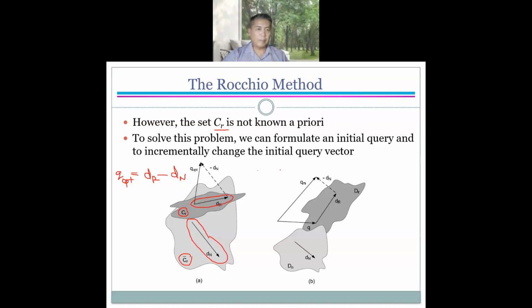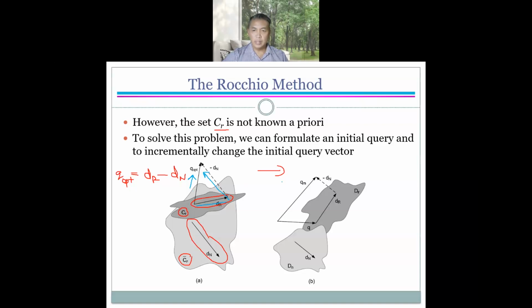Before I go to this, when we try to optimize this, we take this, minus the direction of the non-relevant documents. So your optimized query will be this position.